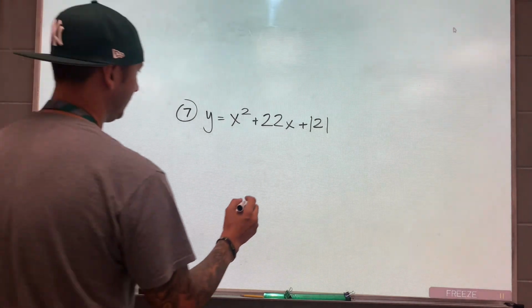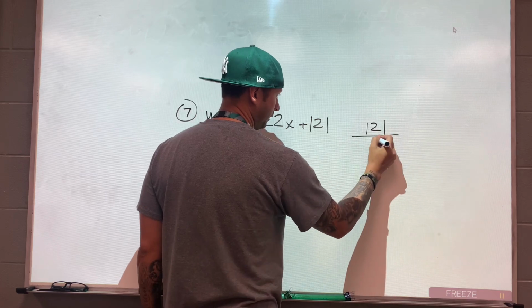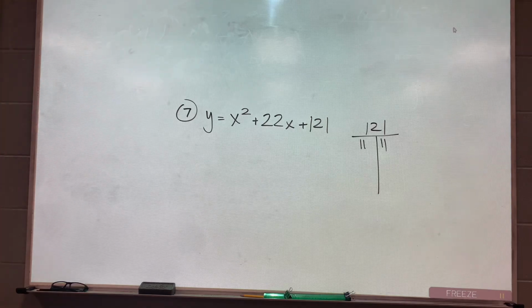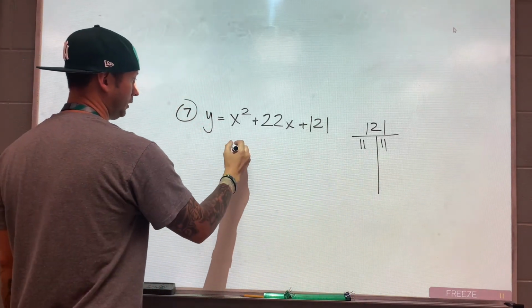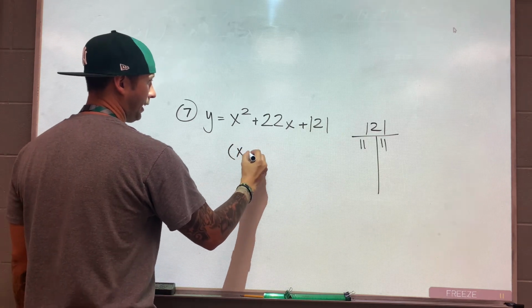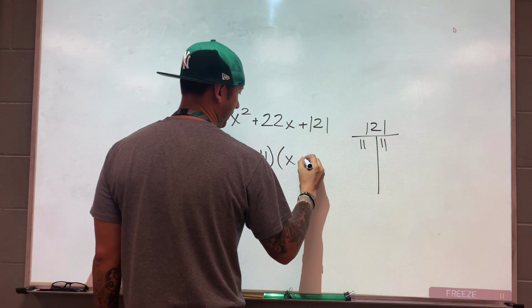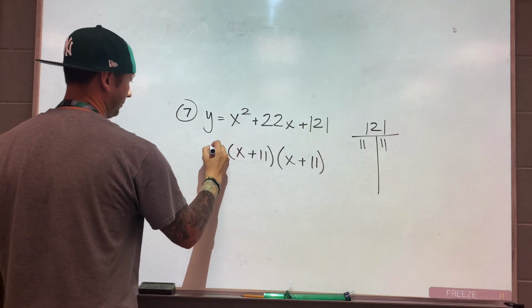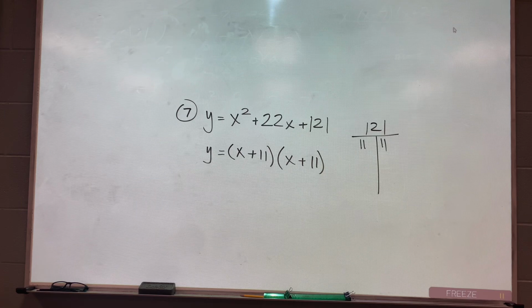All right, this is nice. Again, I'm going to factor this. 121 is a perfect square, 11 times 11. And it just so happens 11 plus 11 is 22. So this is going to be x plus 11, x plus 11. That's the intercept form for number 7.